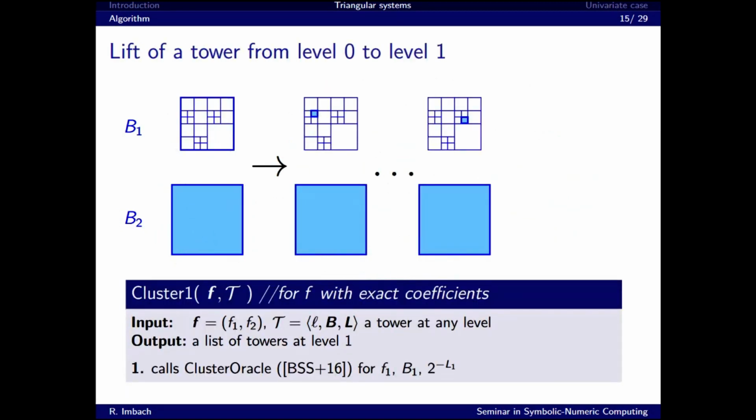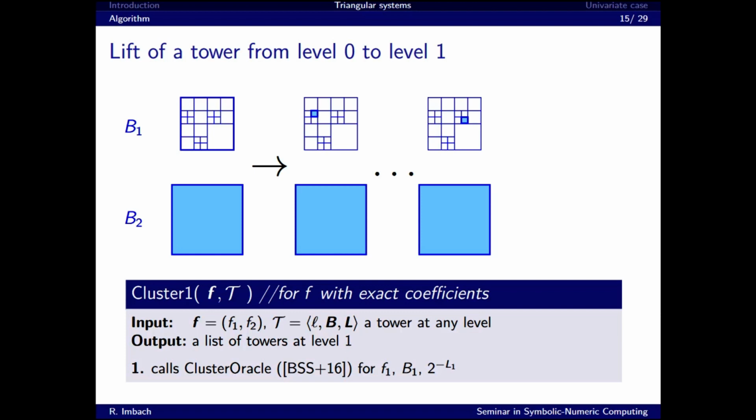Okay, so what we will do with these towers is to lift them. So if a tower has level 0, we want to lift it to level 1. For this, we can apply our function cluster oracle. So we have an oracle for polynomial f1, and the region of interest will be B1, and the size 2 to the minus L1.